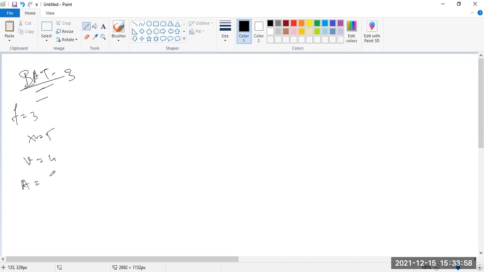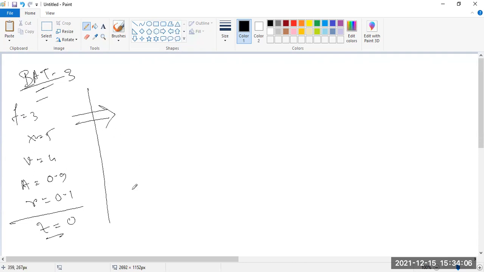A was given 0.9, R is given 0.1. This is the iteration t equal to 0. Now we go for the iteration t equal to 1, means second step. So what is F, what is X, what is V, what is A, what is R? These are the same. So it will not change.